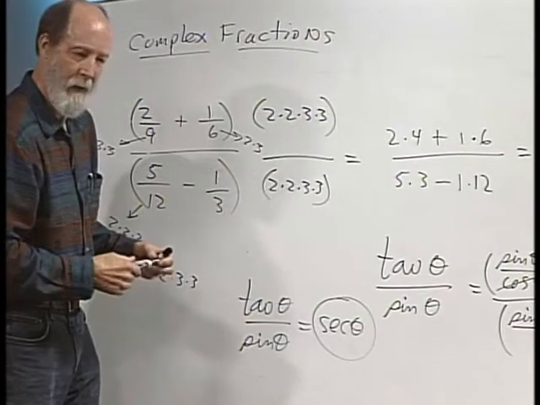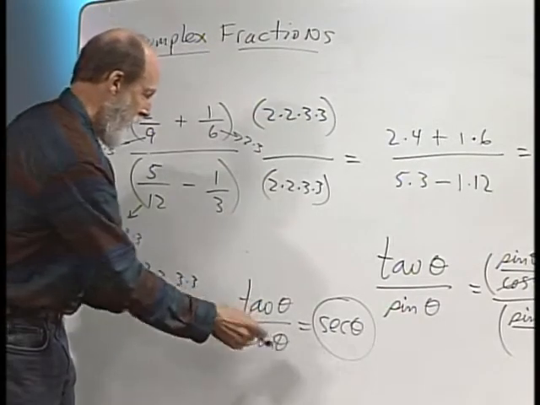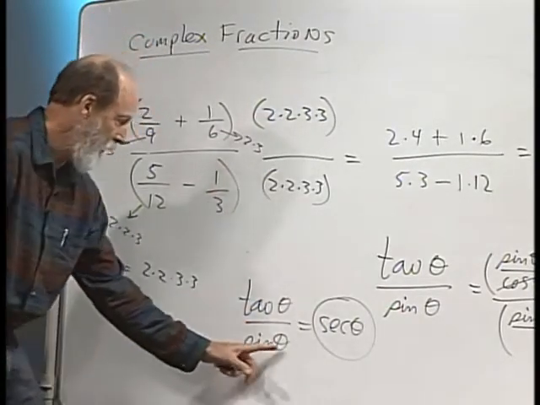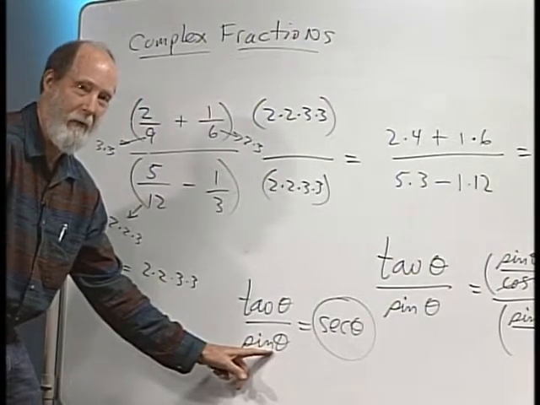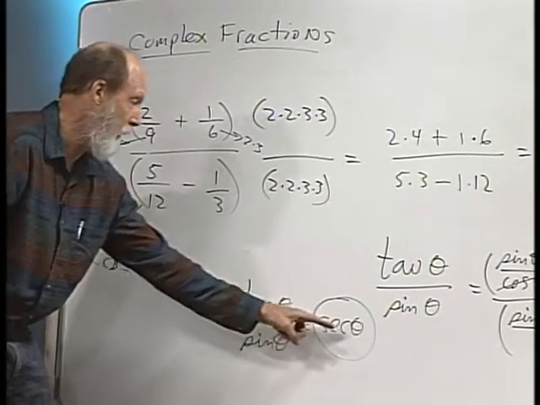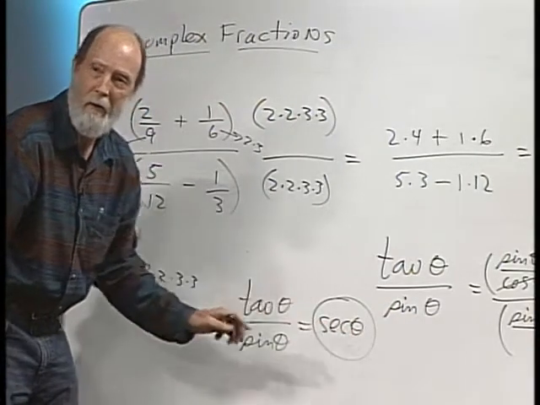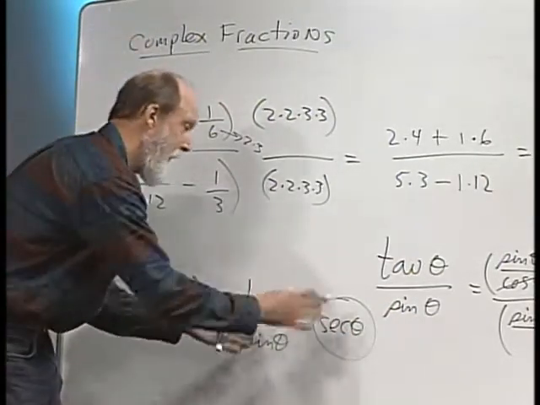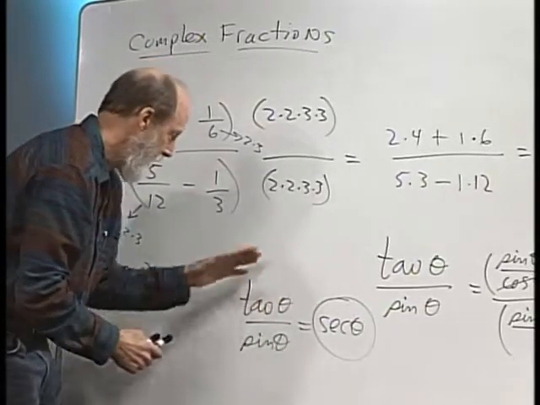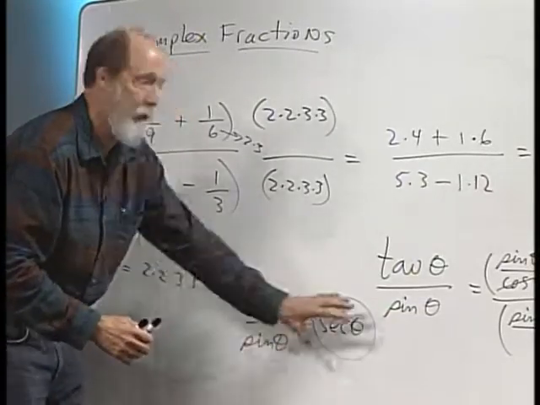I'm not sure how to formally say that without thinking about it a little more. But it has to exist in places where sine of theta doesn't go to 0 because we'd have trouble there, or where secant theta would be undefined. Okay? So it has to exist in the places in the domain where each side of the identity exists.